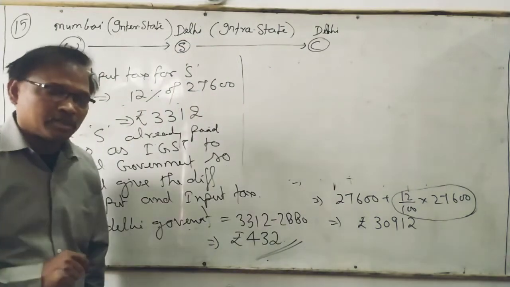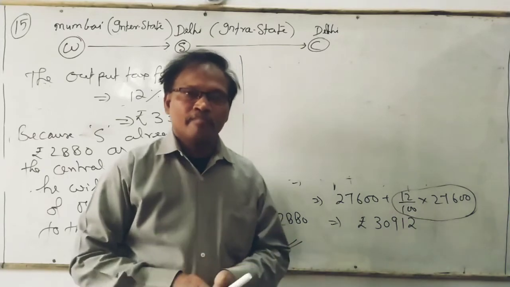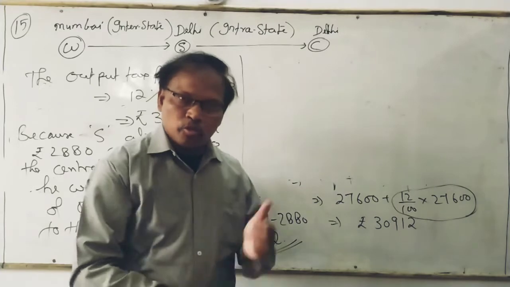Now the fourth part is asking the amount of tax received by the central government. Now how much did the central government receive? As you can say, the integrated tax, because the tax received by the central government is the same as the IGST. So 2880.